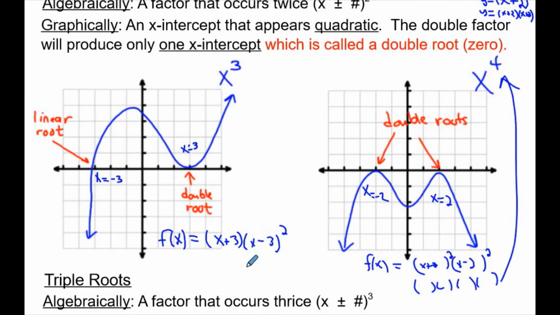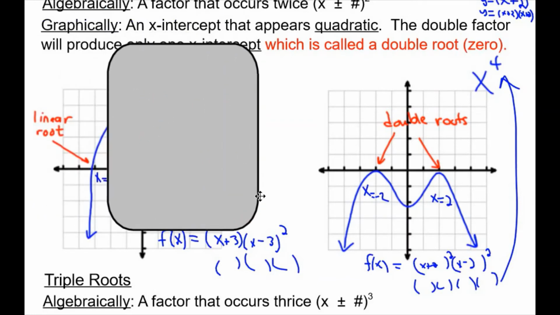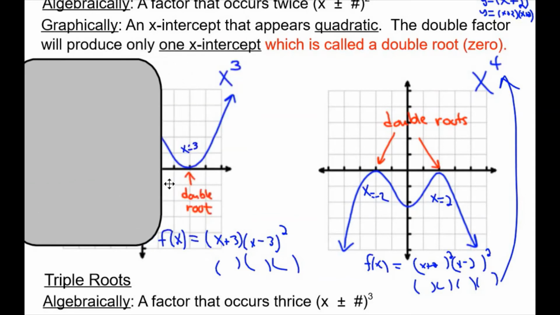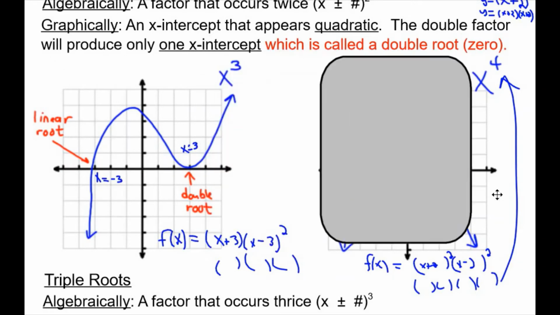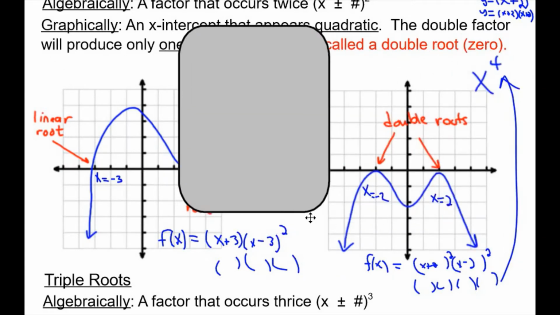And if you add all three of these up, because this one is 2 of them, plus that one, that would be cubed. So the big idea here is, when you look at this graph, a linear root has a 1 on it, a quadratic looking graph is a double root, has a square on it. This one has a quadratic looking graph and a quadratic looking graph, making both of them squared.